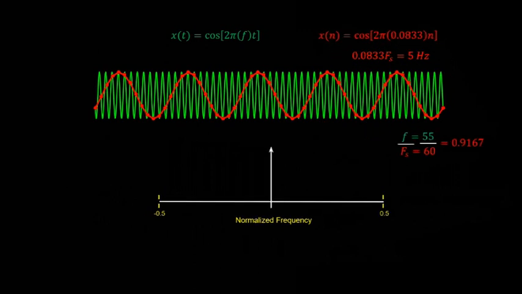Another way to visualize where the apparent frequency will be is to think of the frequency rolling over at the edge of 0.5, coming back from -0.5, completing a distance of d plus d1, which should be equal to 0.9167.